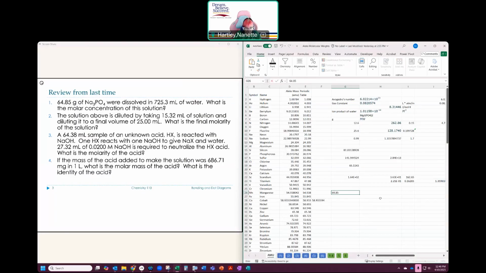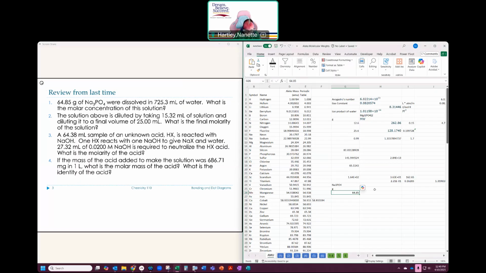So I'm working with 64.85 grams of the Na3PO4. And so I know that I have a molecular weight that I need to calculate for this. And I've actually got this in scientific notation, so I'm just going to put this back into a number format.